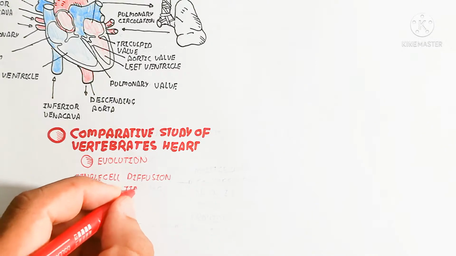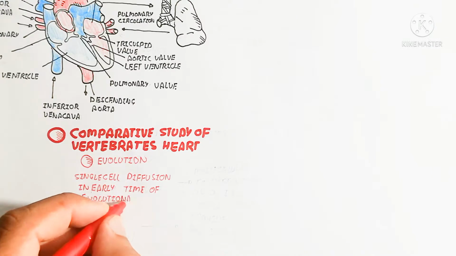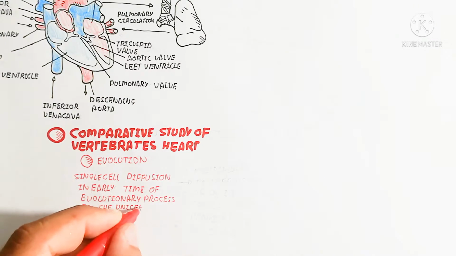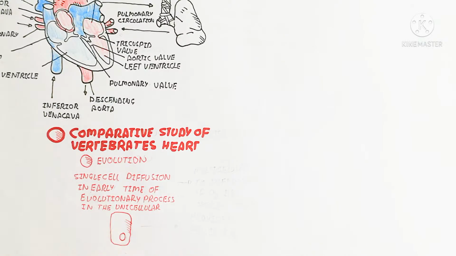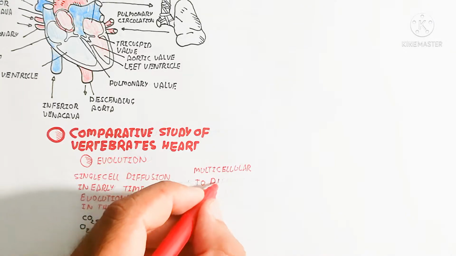In the ancestral cell, for example the amoeba, it is basically single-cell diffusion. Diffusion is the primary circulation in the early evolutionary process in unicellular organisms.